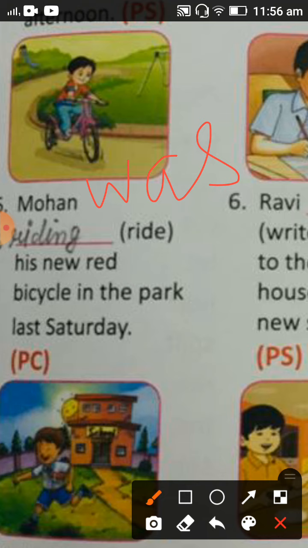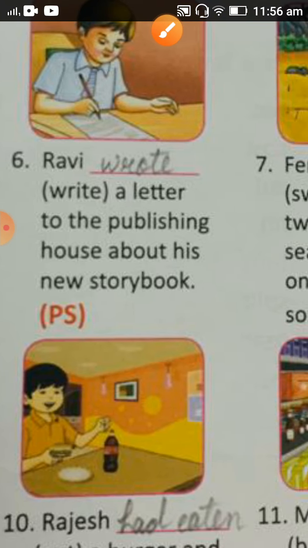We have to put: Mohan was riding his new red bicycle in the park last Saturday. Okay. Next one, Ravi dash a letter to the publishing house about his new story book. Okay. So Ravi, this is past simple, wrote.